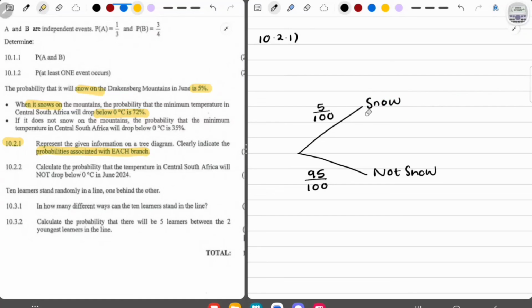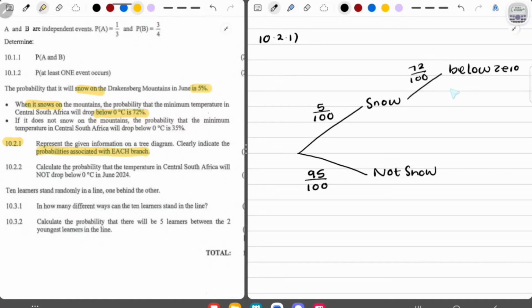We're saying if it snows, the probability that it's going to drop below 0. So we have another category now, below 0. The probability that it will drop below 0 is 72%, so that's 72 over 100. So if this category is below 0, what would be the category that is the opposite of this one?